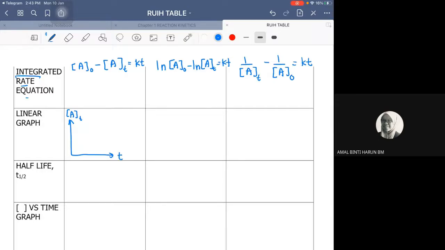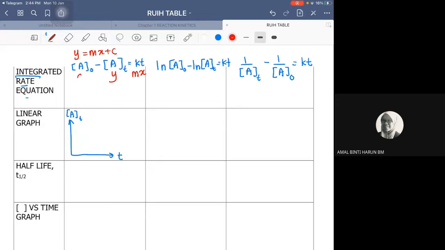Daripada mana dia datang graf ini? Daripada equation ini. Okay. So, ini kita ubah dia kepada Y = mx + C tu. So, the Y is the A time. Ini Y. Ini mx.